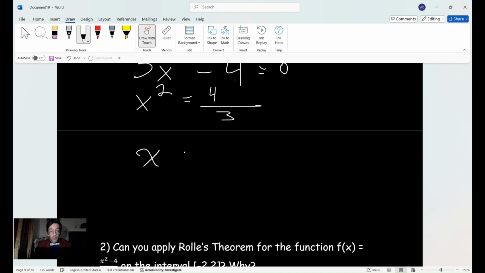So if we take the square root, we have plus or minus 2 over radical 3. All right. Now, only x equals 2 over radical 3 lies in the interval 0, comma 2. So if we simplify this, we have to rationalize the denominator because you have a root symbol. So you're going to get 2 radical 3 over 3.